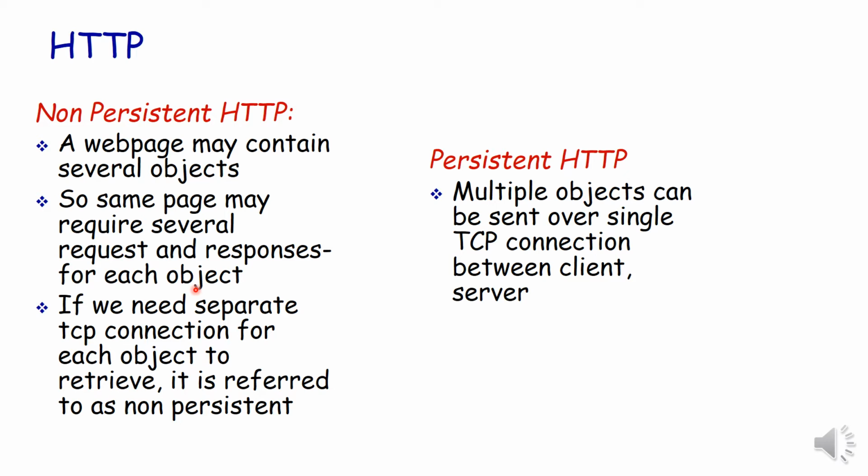For example, in a single page, if there are 3 or 4 objects, then we need that many connection establishments. If we need a separate TCP connection for each object to be received, it is referred to as non-persistent. Whereas if multiple objects can be sent over a single TCP connection, then it is persistent.